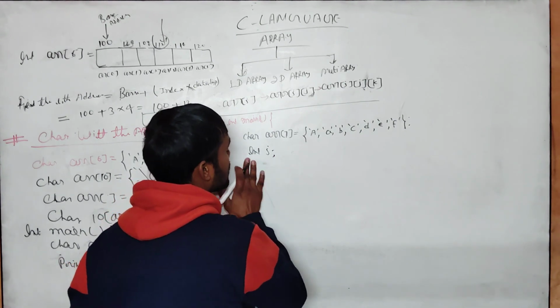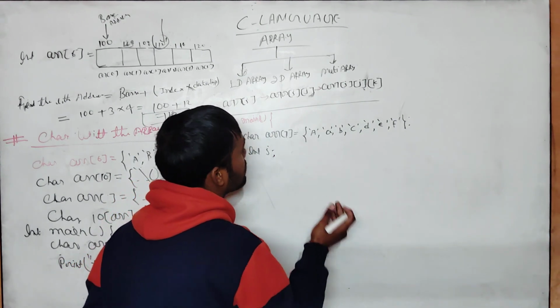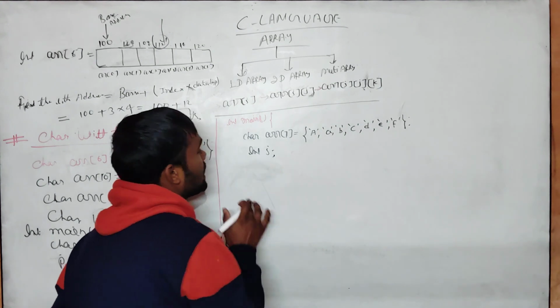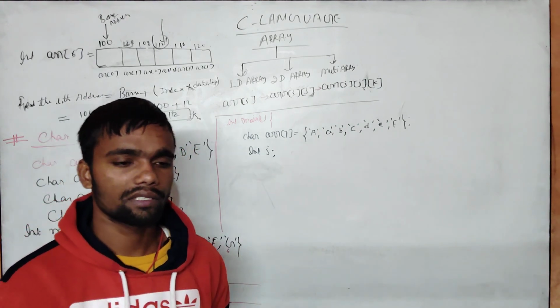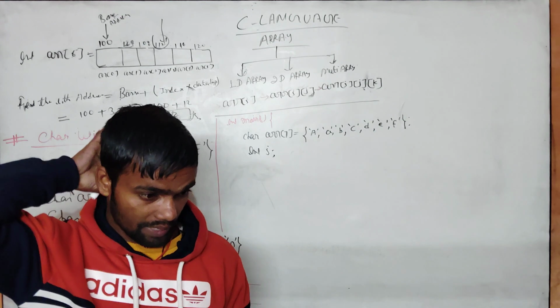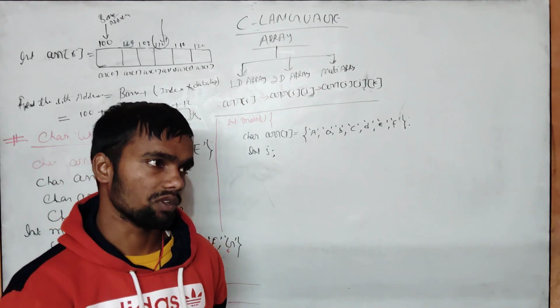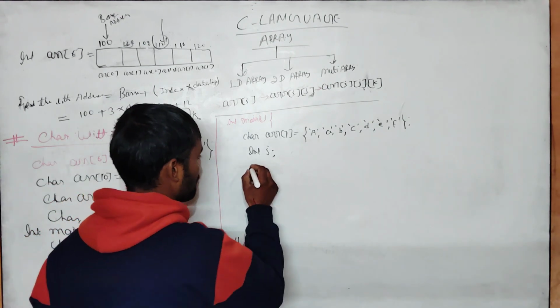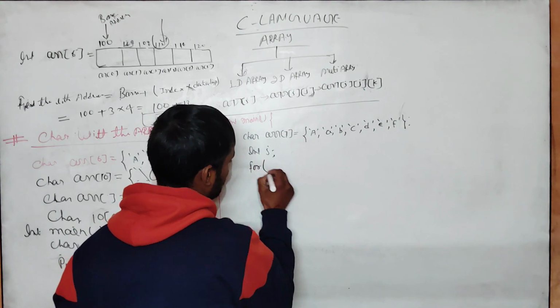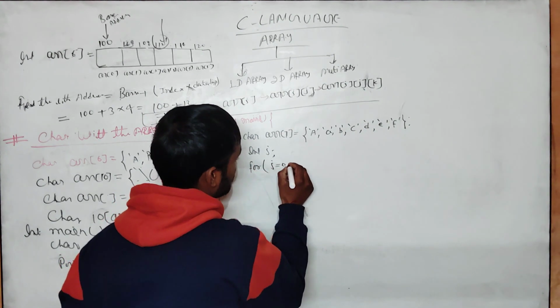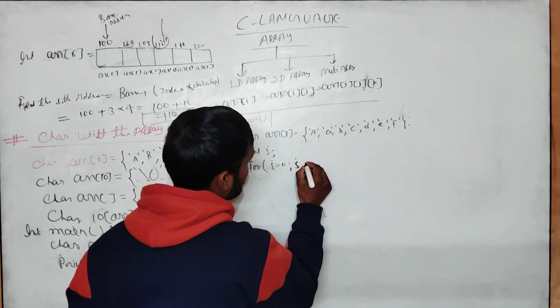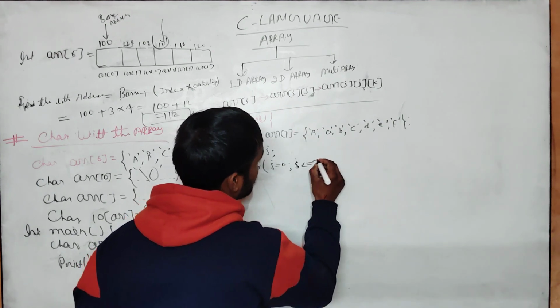You can easily use Dev C++. Okay, in Dev C++ it will work. It is automatic, a very easy compiler that you need to download. You can work with Dev C++. Okay, fine. And I am writing here the for loop: for i = 0, i less than 7.